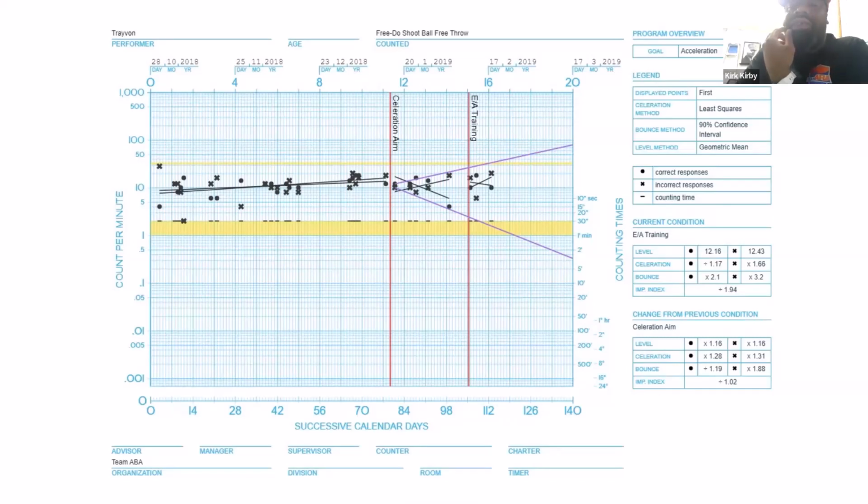But it was always interesting to see if that particular intervention was going to show steady improvement. In the long run, this particular kid increased his free throw shooting percentage almost 18% from the previous year.